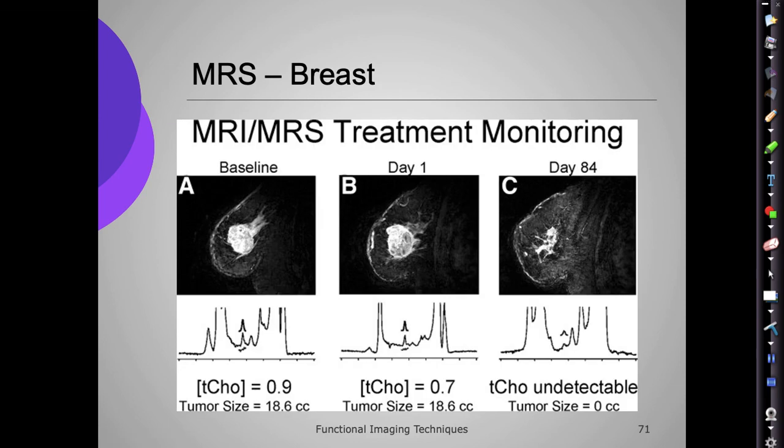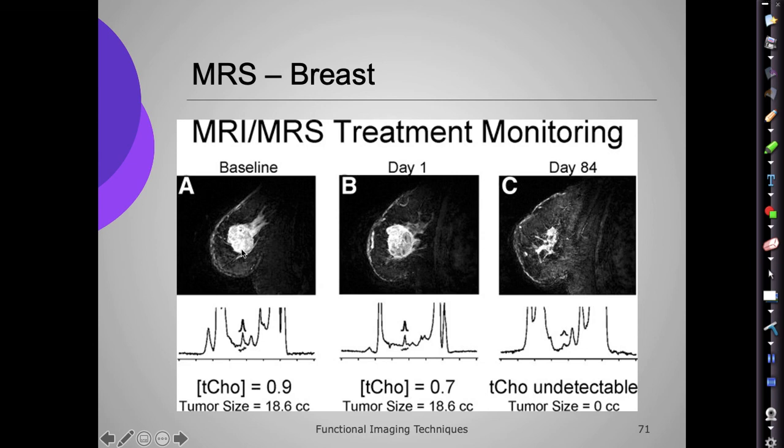So here is an MRS study of the breast, and you can see that the tumor, when originally scanned, was this size at 18.6 cc. You can see it's very large on this sagittal scan, and the T-choline metabolite level is relatively high.